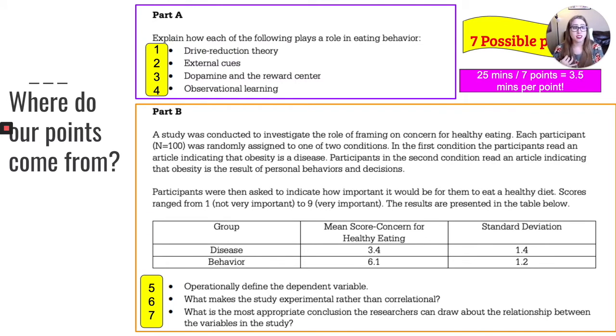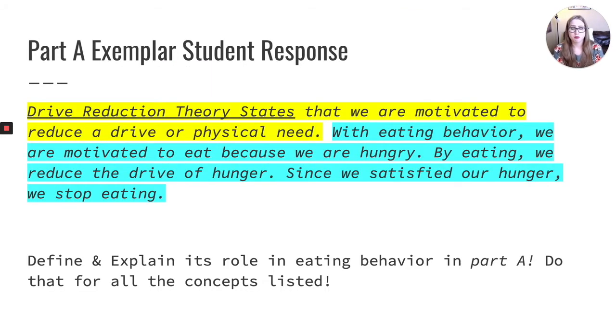So let's look at an exemplar example of part A. Just looking at our first bullet point there of drive reduction theory and how to get that 1 point, here is a great example. Drive reduction theory states that we are motivated to reduce a drive or physical need. With eating behavior, we are motivated to eat because we are hungry.